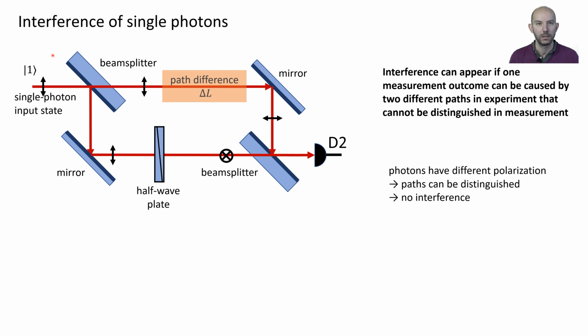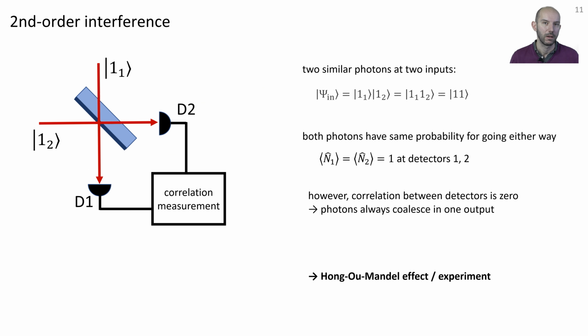And therefore, interference can be interpreted as exactly this indistinguishability between different realizations of an experiment or different paths that the measured object travels through the experiment. And this concept can now be generalized also to higher photon numbers. To do this, we look at a very particular experiment, again based on a beam splitter, where we now just have one beam splitter here.